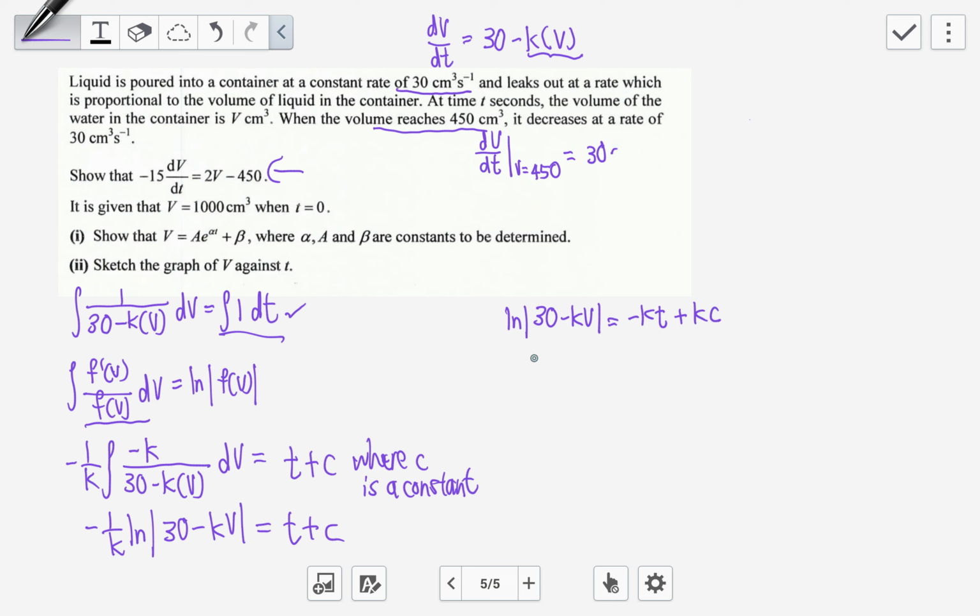And 30 minus kV equals e to the power of minus kt plus kC.